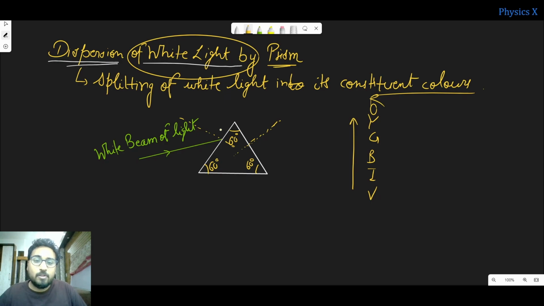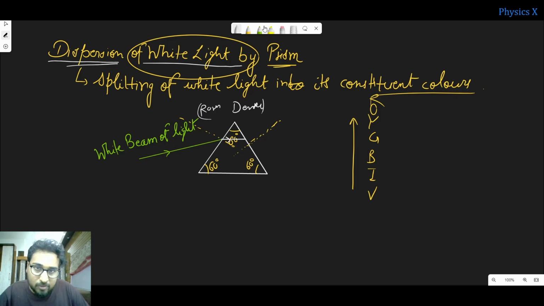This beam of white light will get refracted towards the normal, because here is a rarer medium and here is a denser medium. So first we see the refraction. The white ray of light will bend like this.